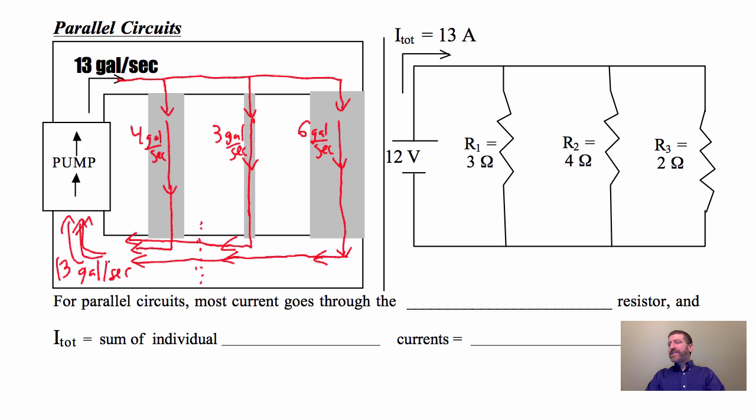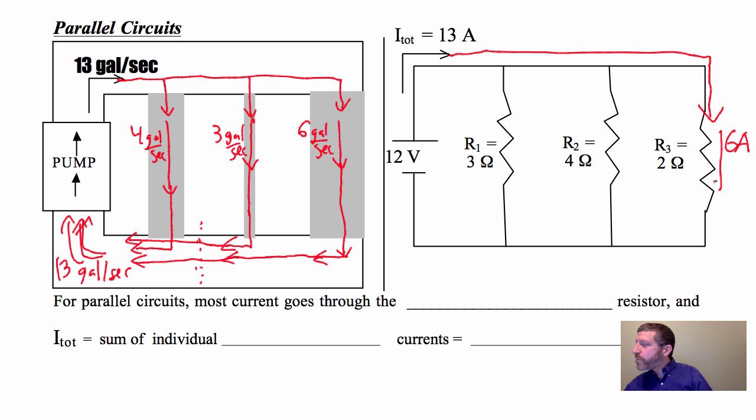So similarly, in our parallel circuit, if I've got 13 amps, most of the current is going to go through the lowest resistor. Through this part right here, there's going to be 6 amperes. 6 amperes through there. How did I figure that out? Well, I've got a 12-volt battery here.